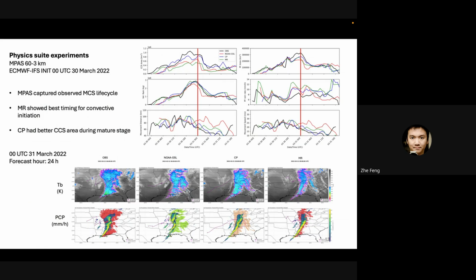But I was curious if you looked at finer scale convective structures, like what the updrafts look like, their sizes, their intensity, how they're related to the precipitation produced in them, and whether there's a significant difference between the physics suites.